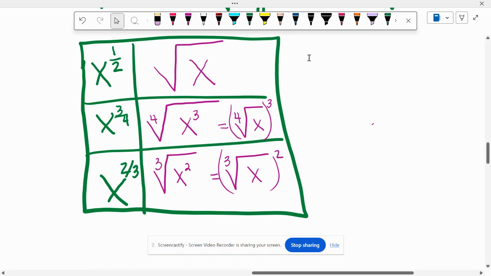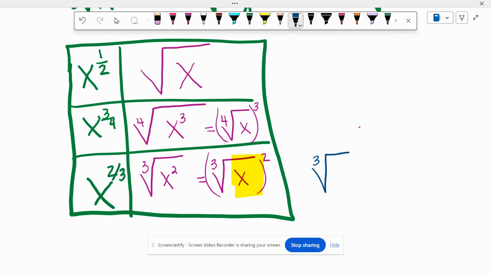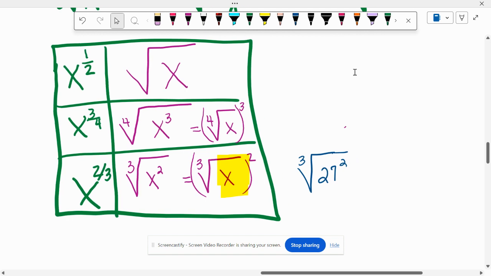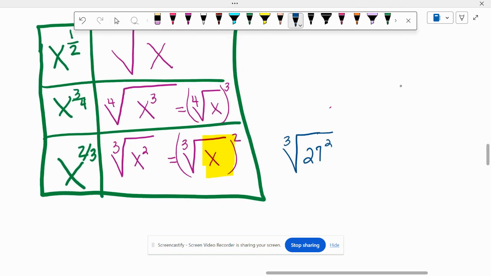Let me give you an example of when it'd be a good idea to do it this way. What if I ask you for the cube root of 27 squared? Does anyone know what 27 squared is? Do you know what the cube root of that is? I don't either, but here's what I do know.